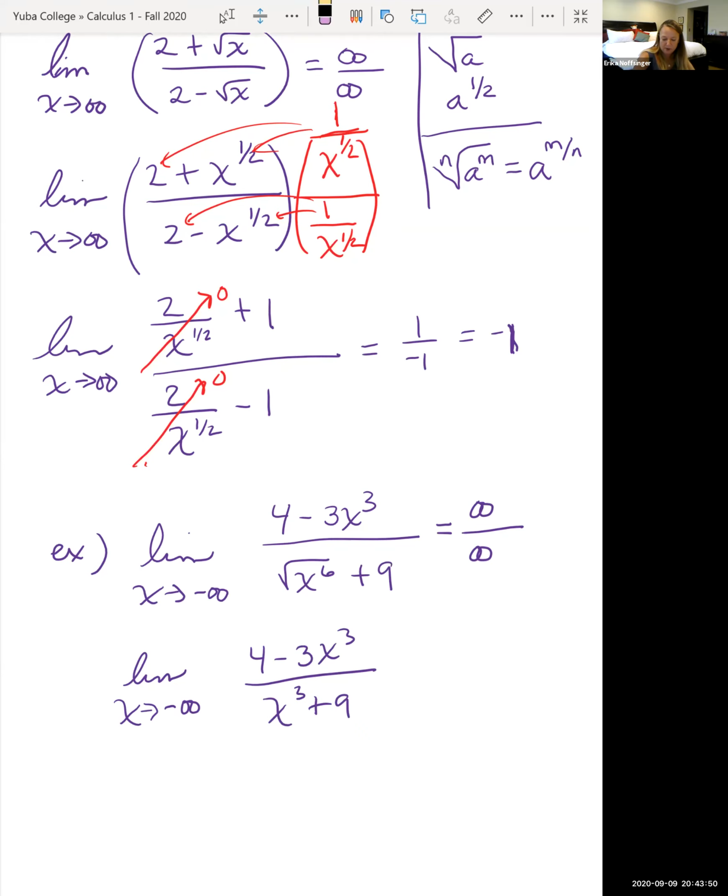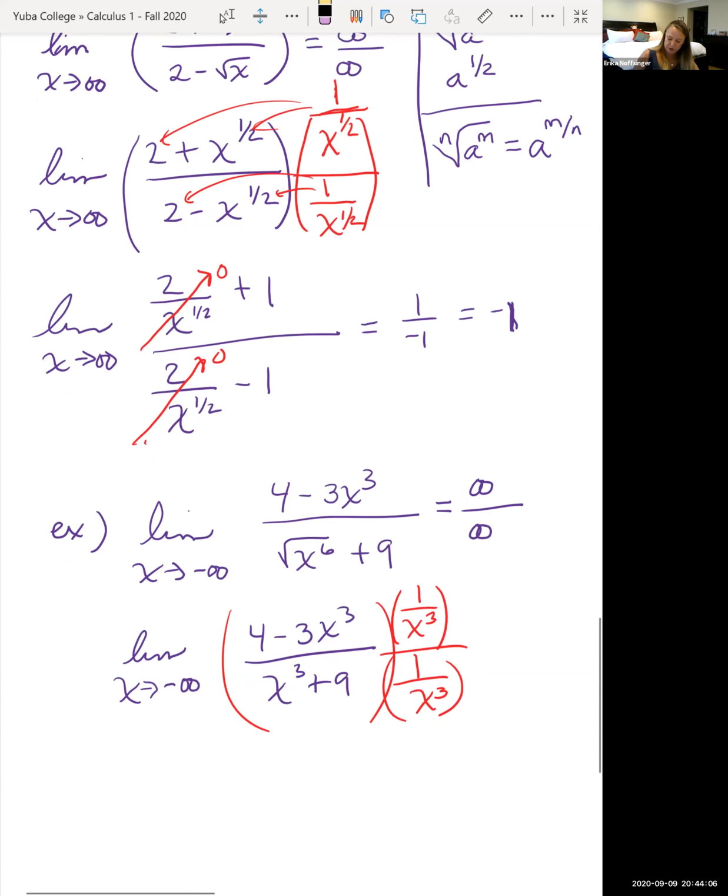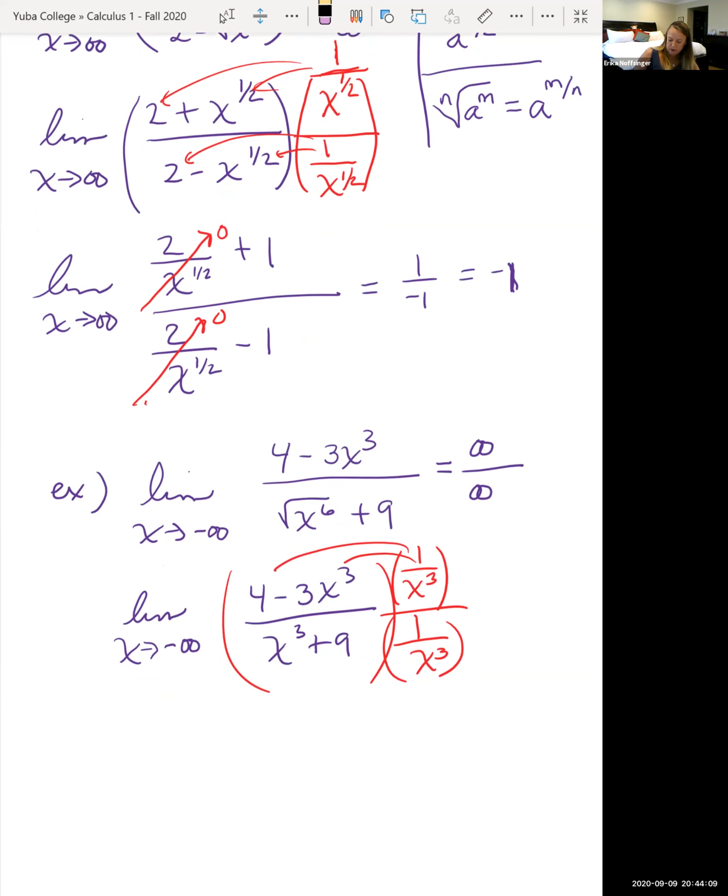And now I multiply by 1 over the variable to the highest power, so in this case, 1 over x cubed, to both the numerator and denominator. So when we distribute, we get the limit as x is going to negative infinity of 4 times 1 over x cubed, nothing cancels, so we're just going to write it as 4 over x cubed.